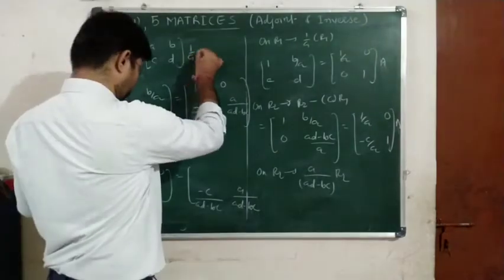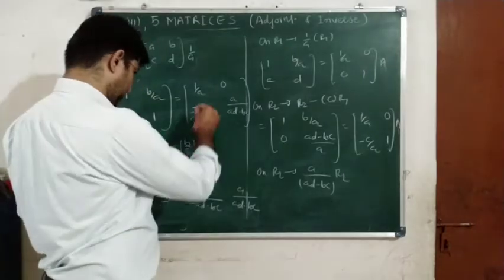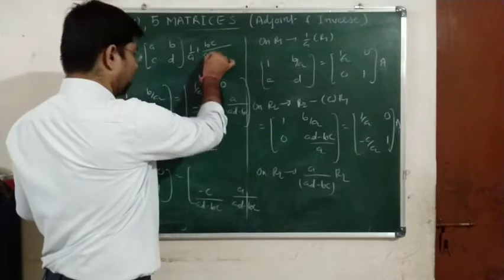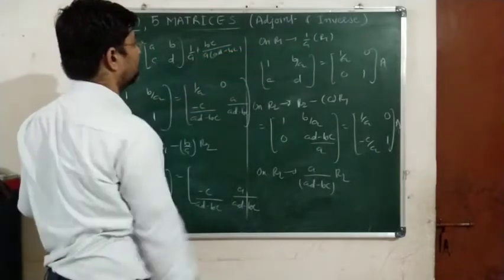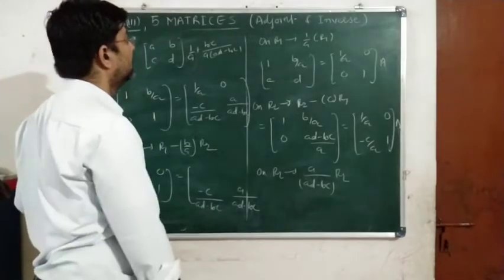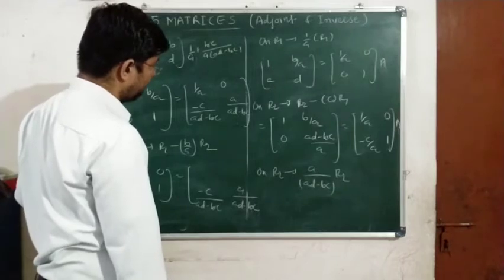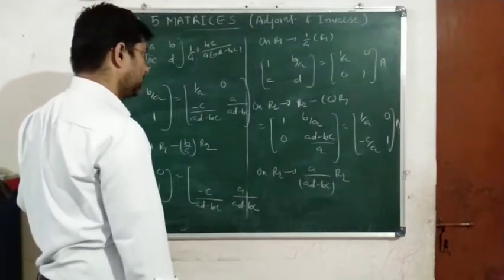Let us solve over here. 1 upon A and minus minus plus BC upon A into AD minus BC. So it will be 1 upon A into AD minus BC plus BC.